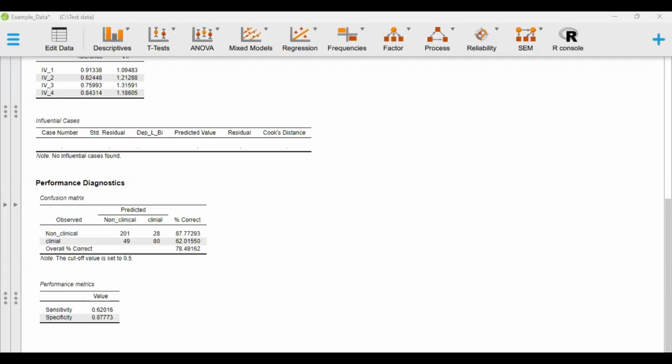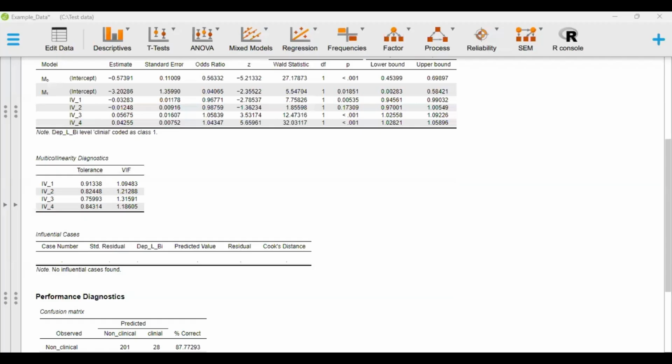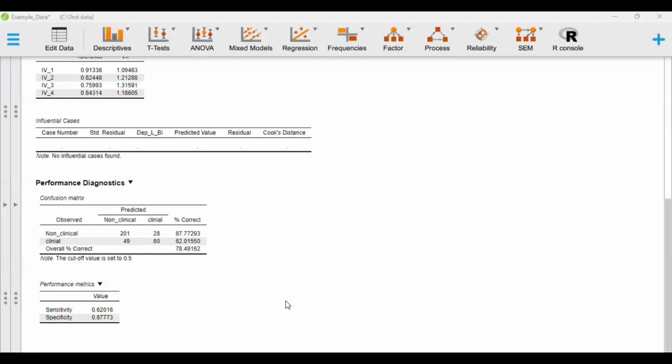Specificity is the true negative rate: when participants are not clinically depressed, this model with this pattern of variables can correctly detect them and label them, based on these predictors, as not having clinical levels of depression.